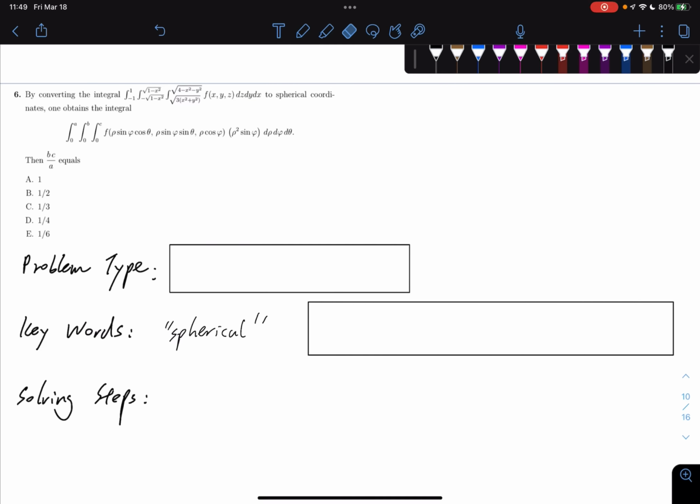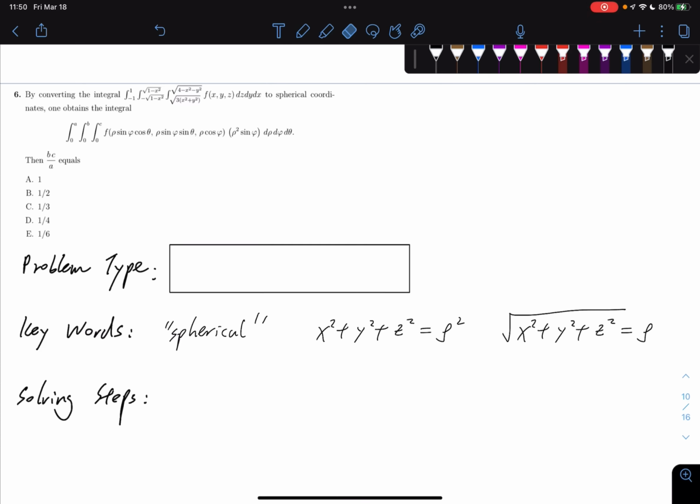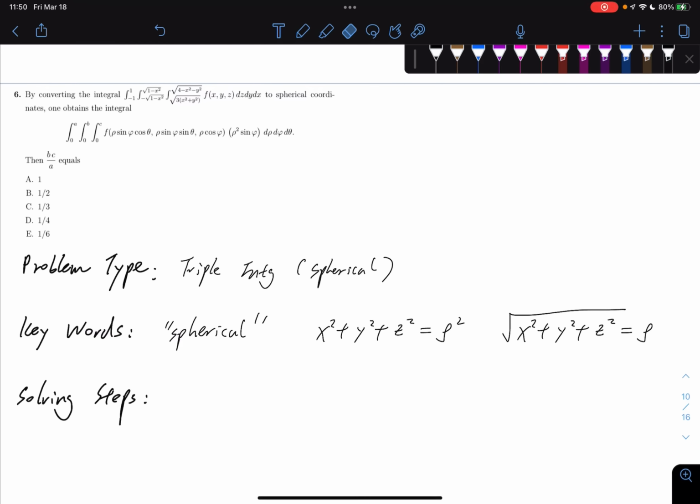But we also notice that this one doesn't really have the terms I'm looking for, but usually, when you see something like x squared plus y squared plus z squared, that usually equals rho squared, which is the radius of the sphere squared, right? And if you take the square root, that's just rho. So obviously this is a triple integrals in spherical coordinates problem.